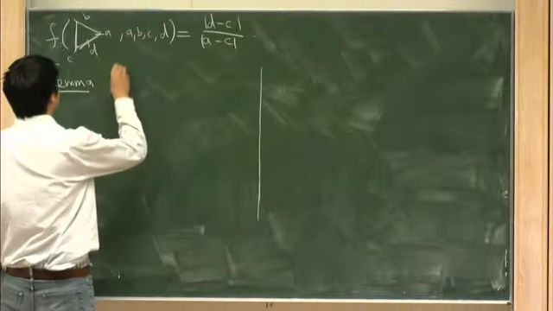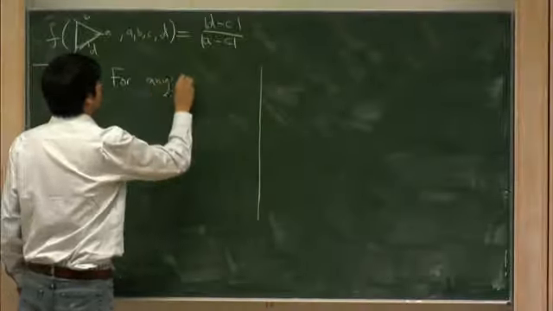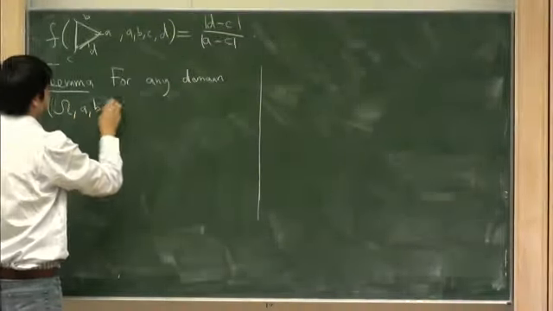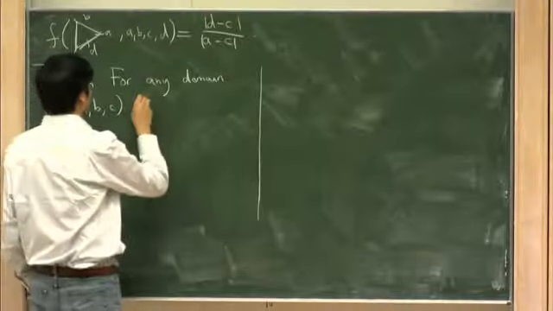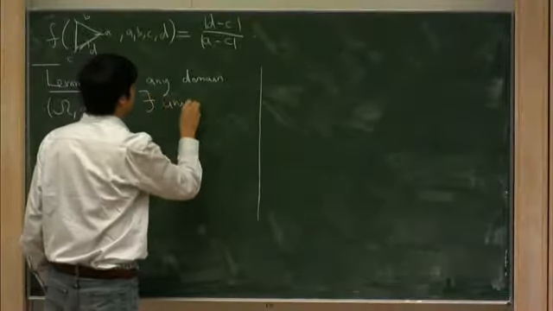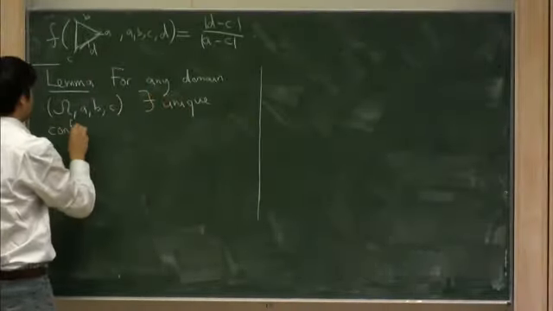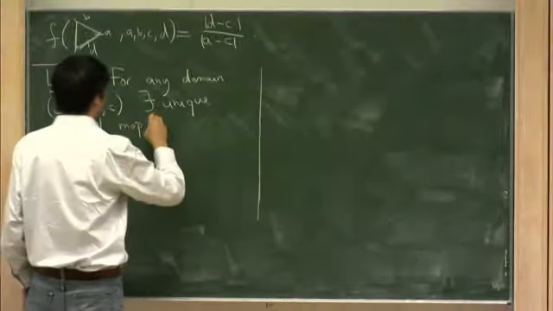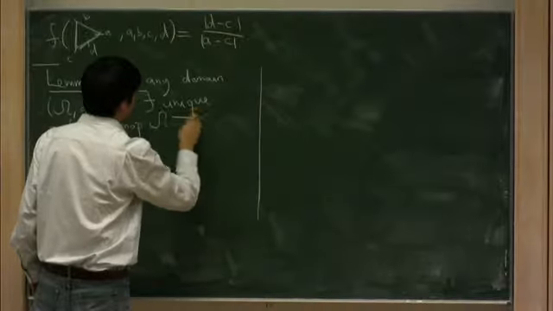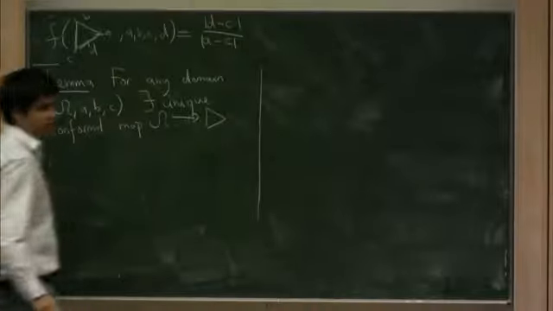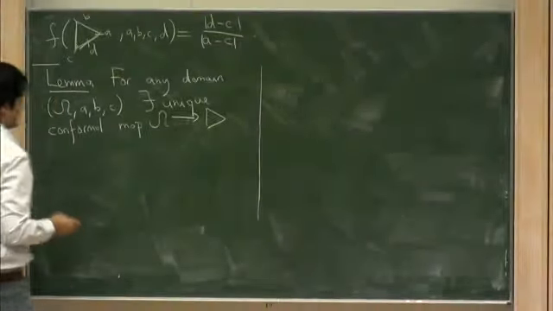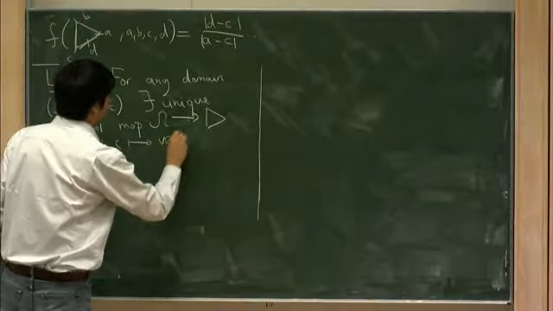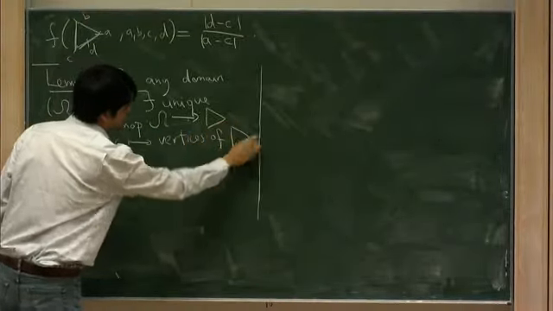It says that for any domain omega with 3 marked points A, B, C, there exists a unique conformal map that sends omega to this equilateral triangle, any equilateral triangle, and A, B, C to the vertices of the triangle. Okay?